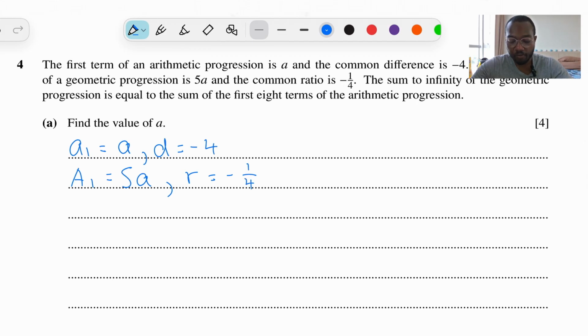Now we're told the sum to infinity of the geometric progression is equal to the sum of the first 8 terms of the arithmetic. So let's work out the sum to infinity of the geometric progression. That would be capital A1 over 1 minus r.